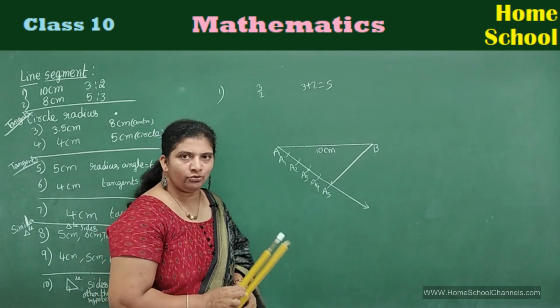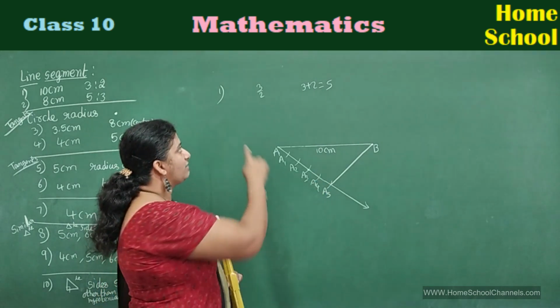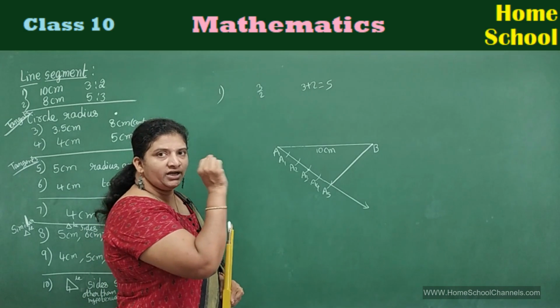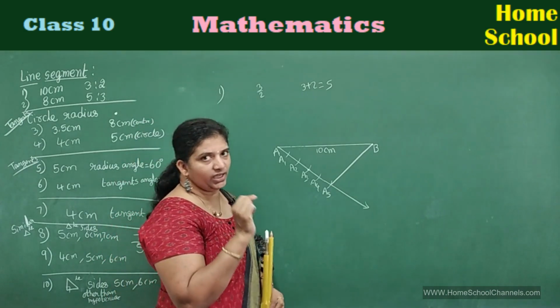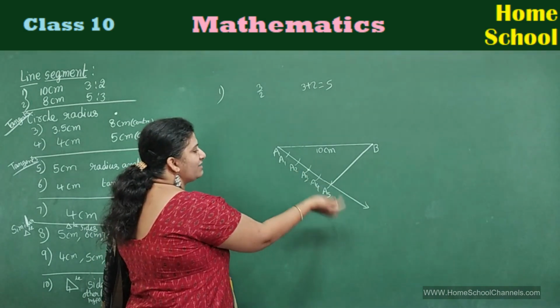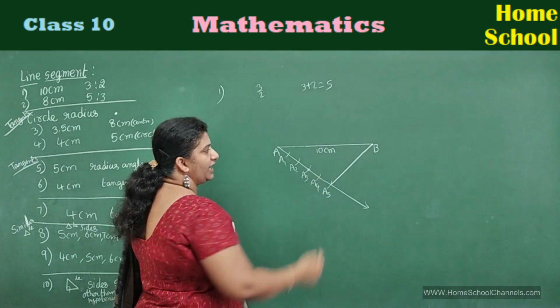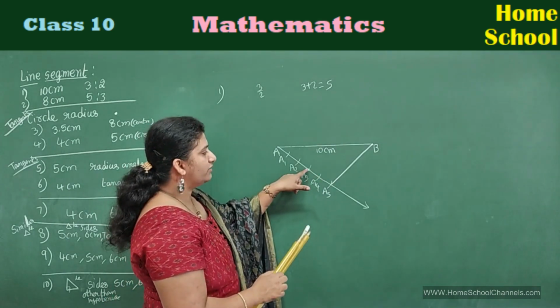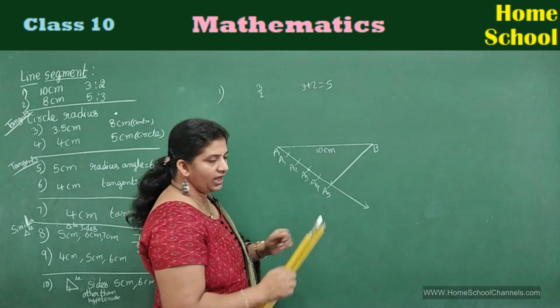Join A5 to B. And the next step, observe the ratio. Numerator, what is the number you have? 3. 3 means A3. Mark a point on the ray at A3. So from here I need to draw a line parallel to A5B.